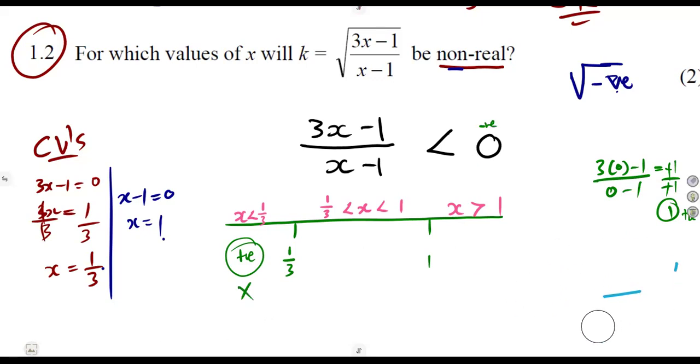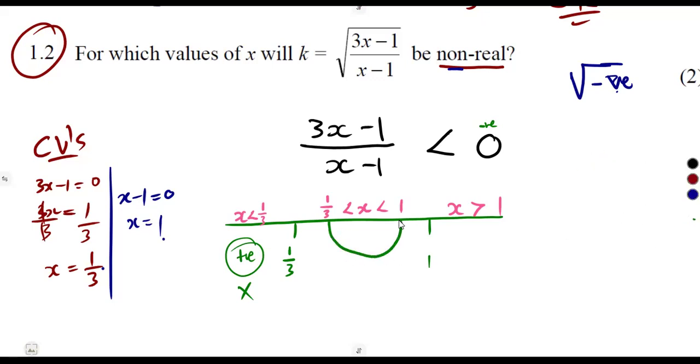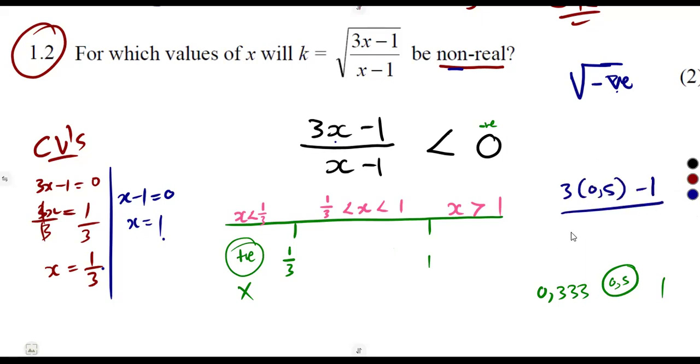All right. We move on to in between a third and 1, in between 0.3333 and so on and 1. In between, which value can we choose? Let's just choose 0.5, it's easier to work with. Put 0.5 in place of x. So it's 3 into 0.5 minus 1 over 0.5 minus 1.